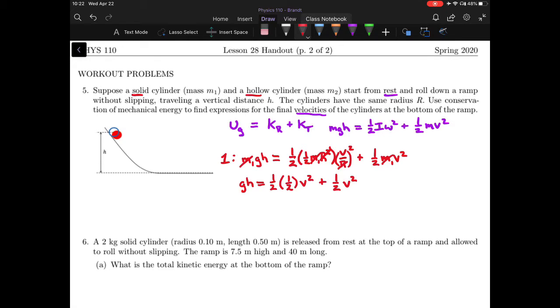And if we simplify this out, what we wind up with is v is going to be equal to the square root of 4gh over 3.